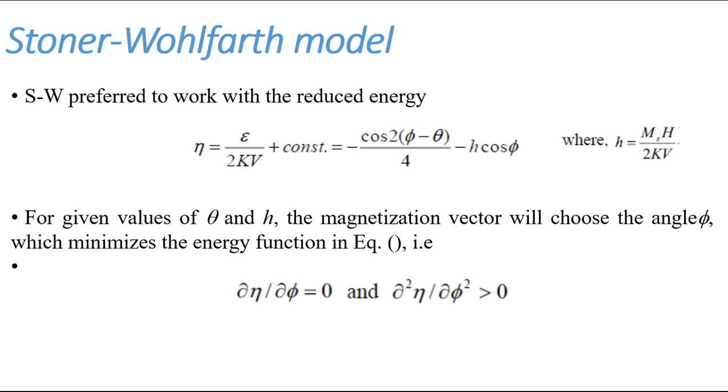For the given values of theta and h, the magnetization vector will choose the angle psi which minimizes the energy function in the above equation, so we have to set the first derivative to 0 and the second derivative should be greater than 0.